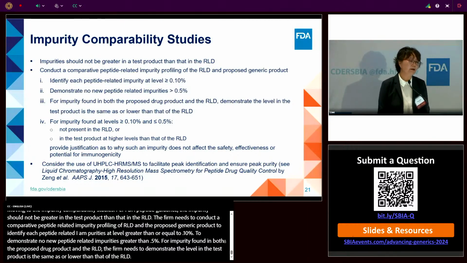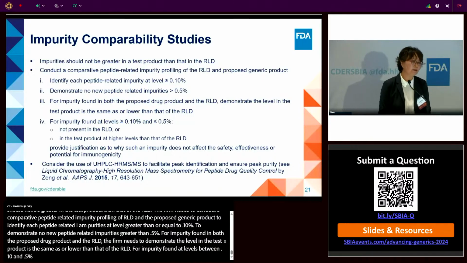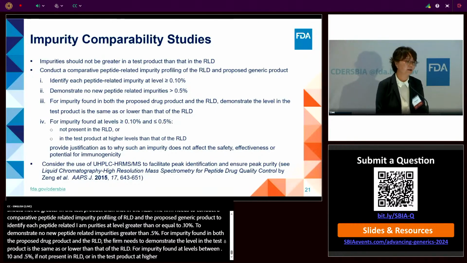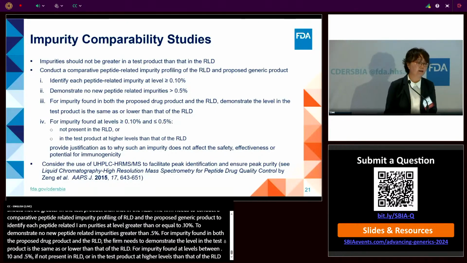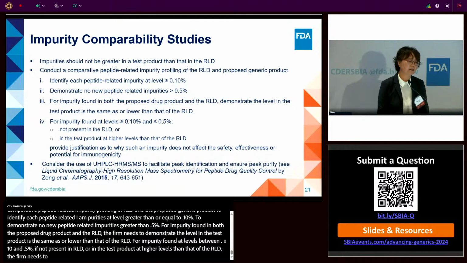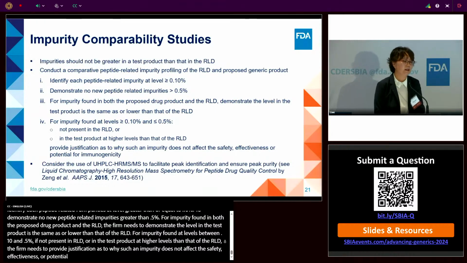For impurity found at level between 0.10 and 0.5%, if not present in the RLD or in the test product at higher level than that of the RLD, the firm needs to provide justification as to why such an impurity does not affect the safety, effectiveness, or potential for immunogenicity.